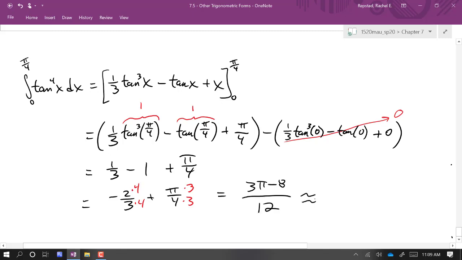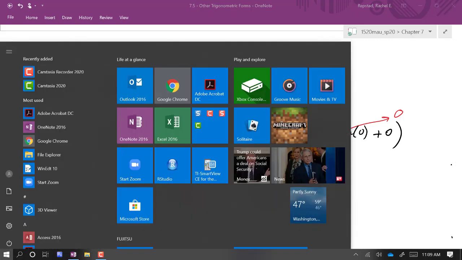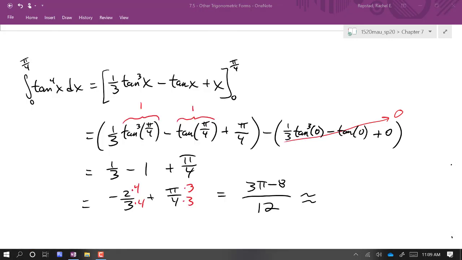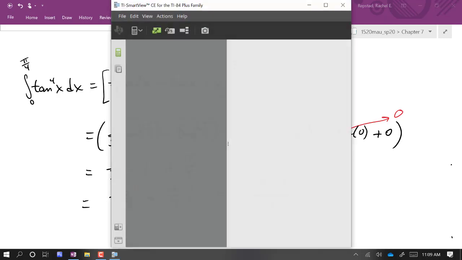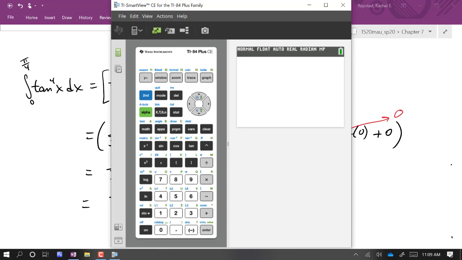And we can approximate that if we like. So 3 pi minus 8 over 12 is about 0.1187.